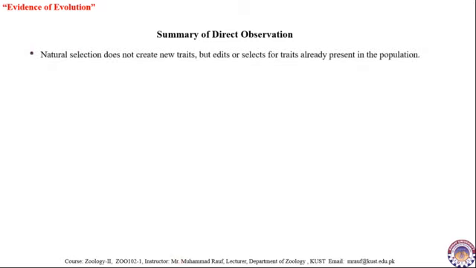So we just wind up the direct observations. Natural selection does not create new traits but edits or selects for traits already present in the population. Means the trait, the sucking of juice by the soapberry bug, was something which was already present in that population of soapberry bugs, so it was modified to a certain extent by evolution.